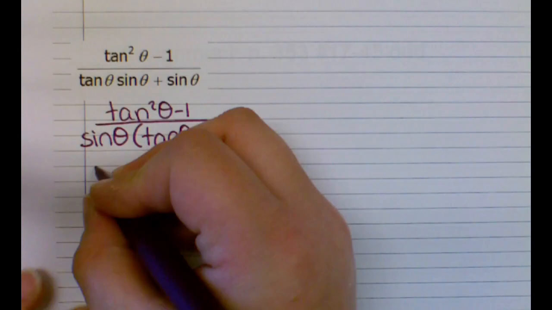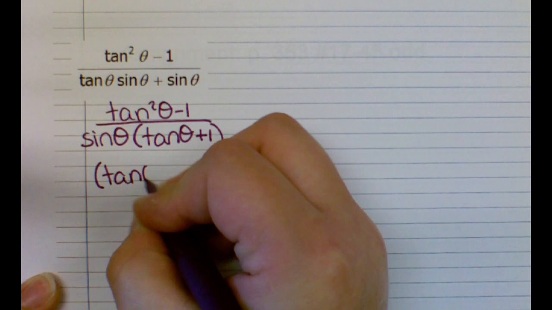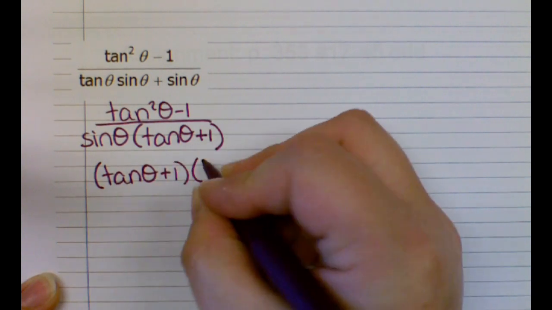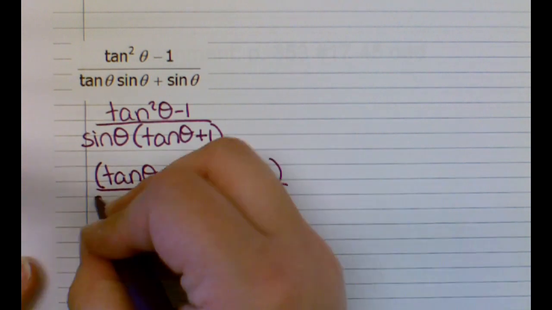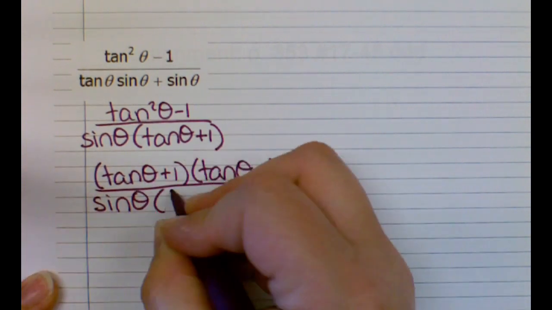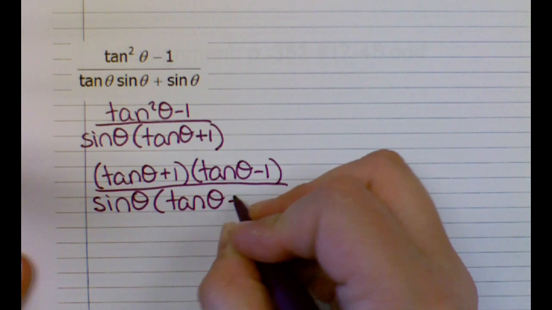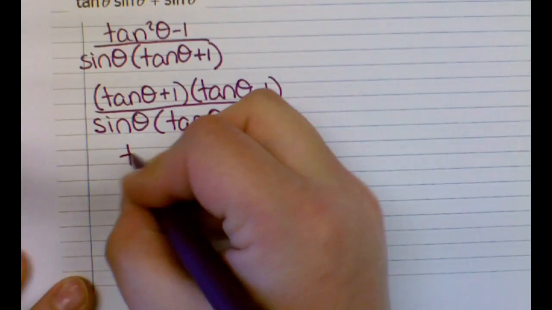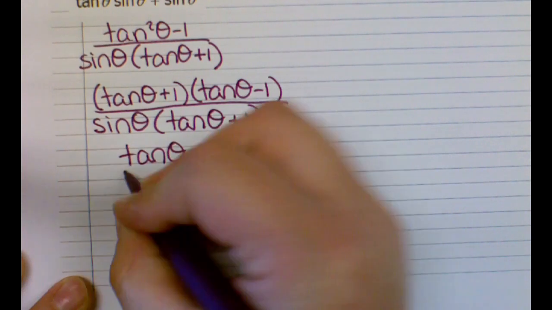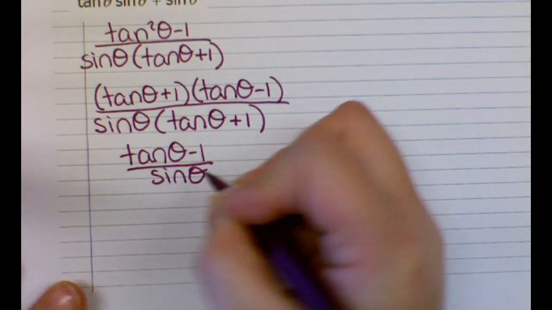What I see in the numerator tells me I could cancel some things if I factor it. My numerator factors into tangent of theta plus 1 times tangent of theta minus 1. My tangent of theta plus 1's cancel, leaving me tangent of theta minus 1 over sine of theta.